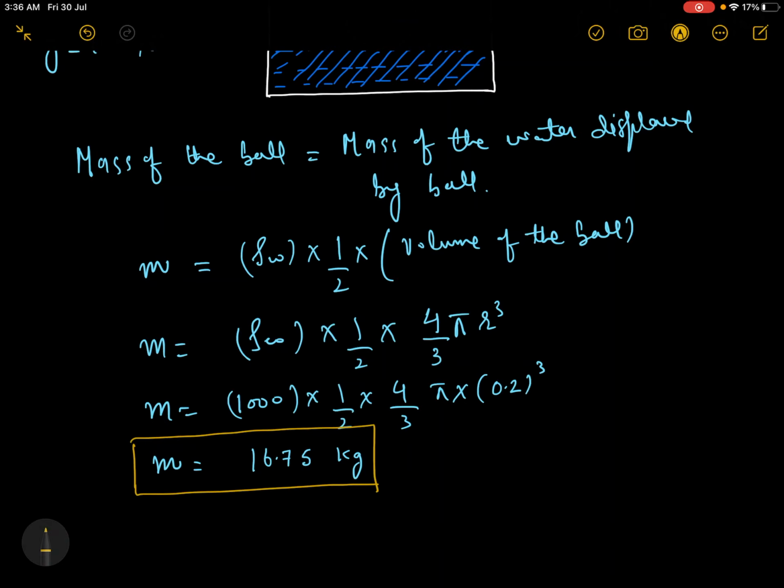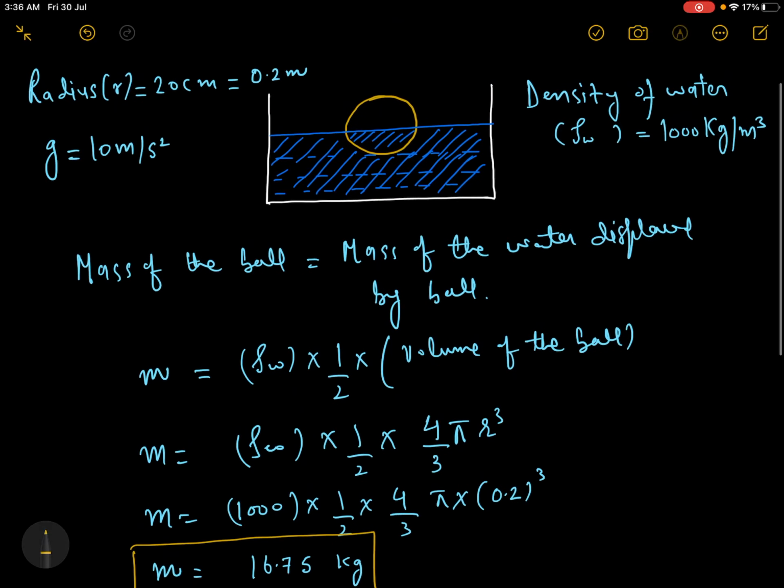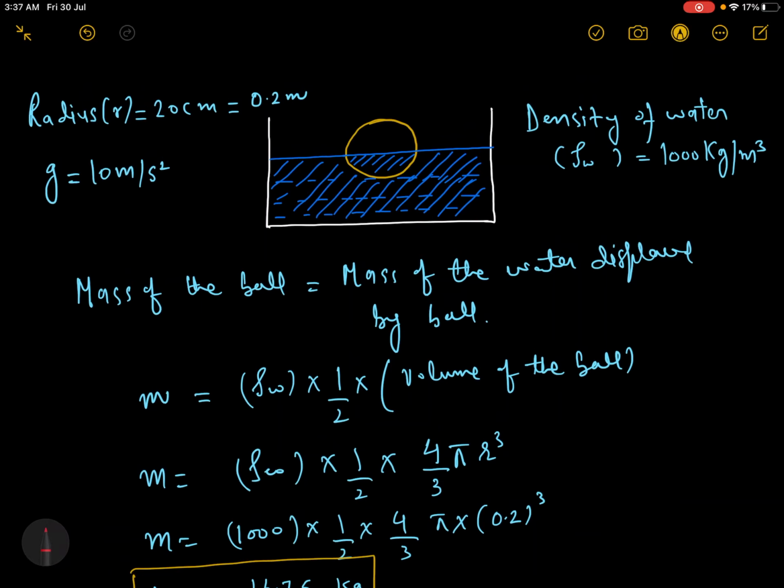So now let us assume that I'm giving a small displacement of x to this ball. When I'm giving a small displacement of x to this ball, the ball will try to displace more fluid, and in return there will be a buoyancy force that will try to push the ball outwards in the opposite direction of the applied displacement.